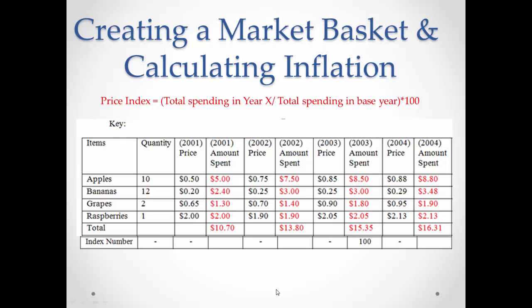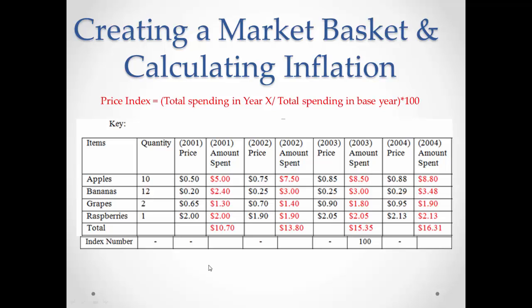How do I know which year the base year is in this example? 2003 is my base year because the price index is 100. Anytime you see an index number of 100, that means that specific year is the base year. So 2003 has been chosen as the base year. So the index number tells us relative to prices in 2003, what's happening in other years.